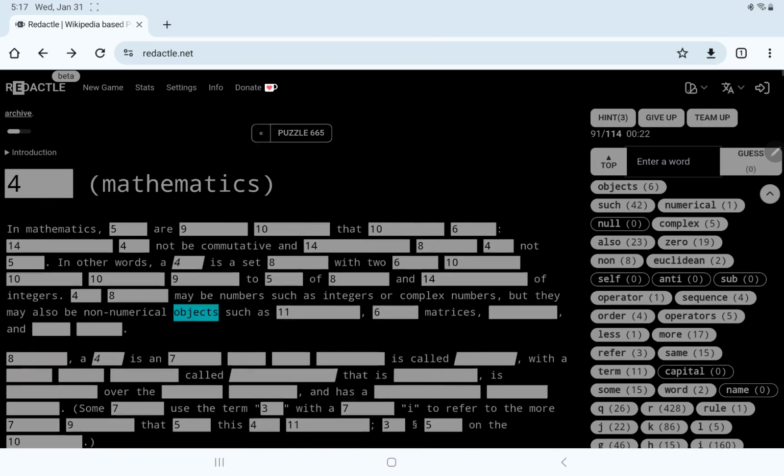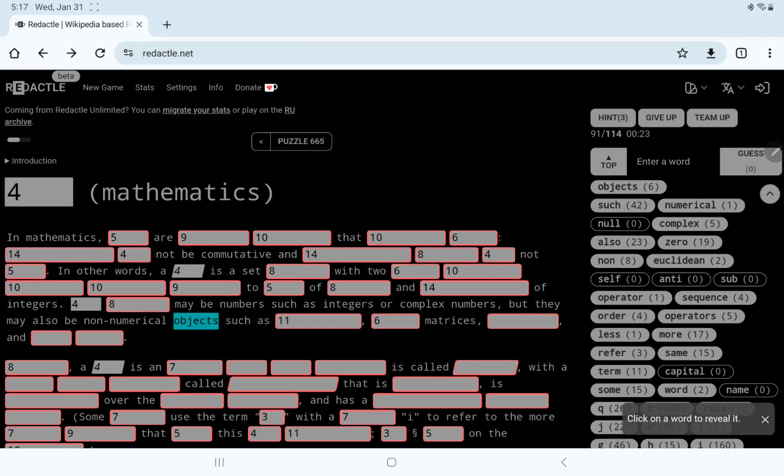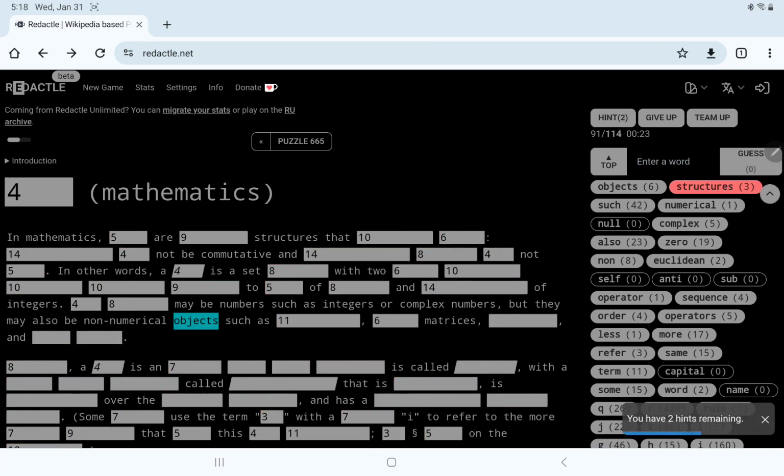All right, I think I'm going to use some hints. So I'm going to see this 10-letter word first. Structures, okay. Now I did notice they allowed us to look at the other one, but I think that's just going to be the plural.